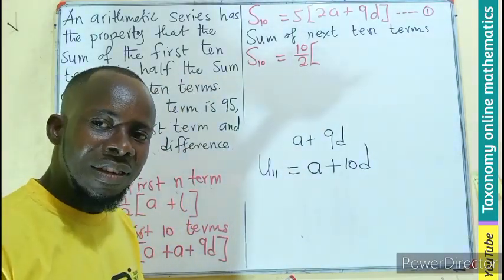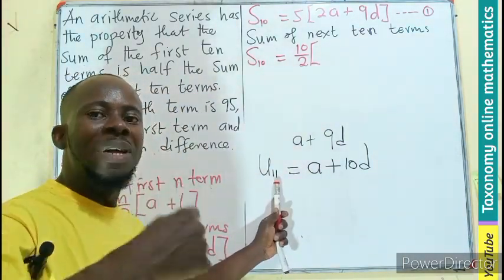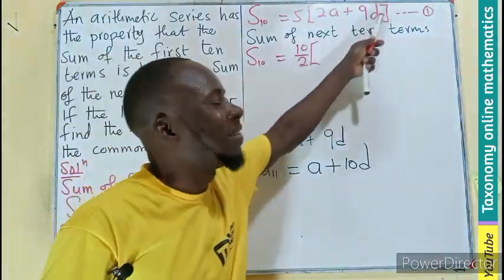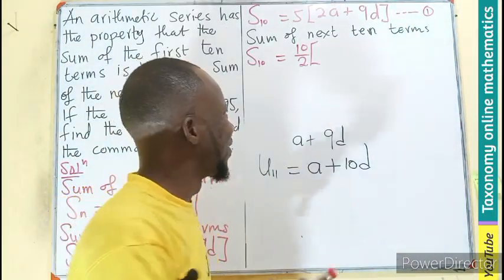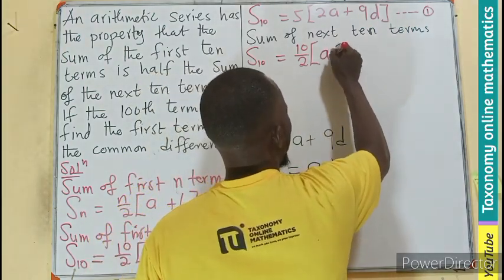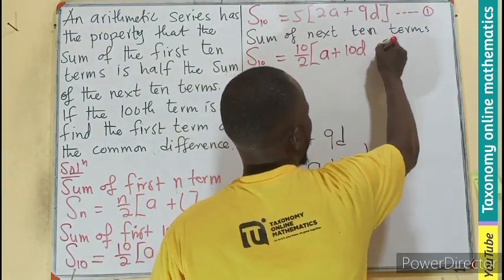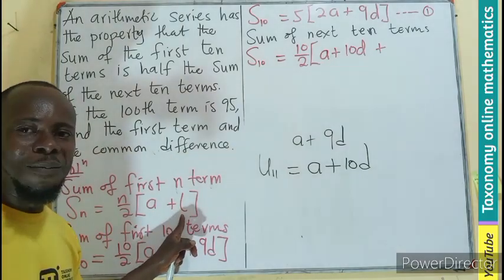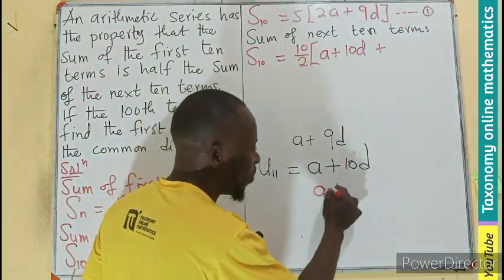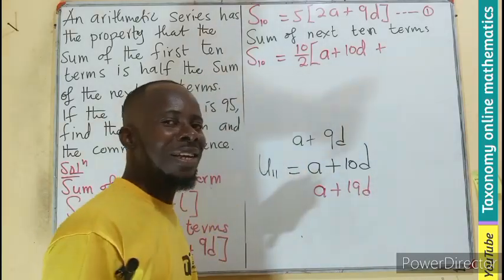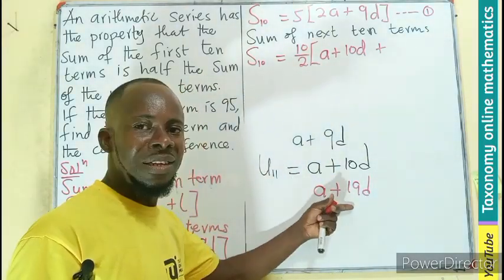Do you agree on that? This 11th term becomes the first term of the next 10 terms. I believe you get it. You are smiling. So that becomes a plus 10d plus the last term, which will be the 20th term, and that will be a plus 19d. I'm sure you didn't have any stress in getting this.